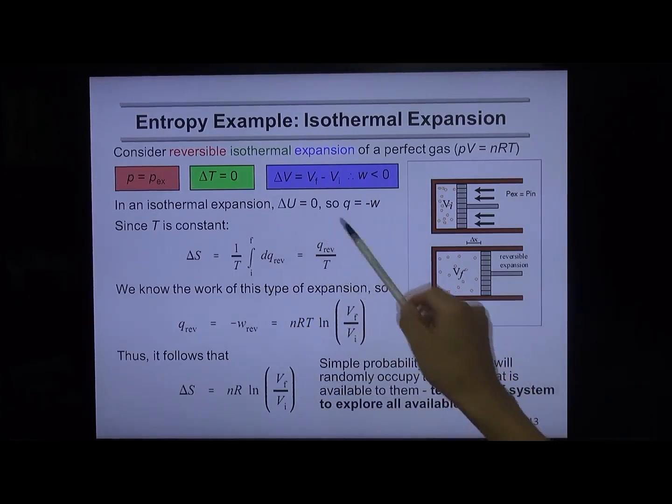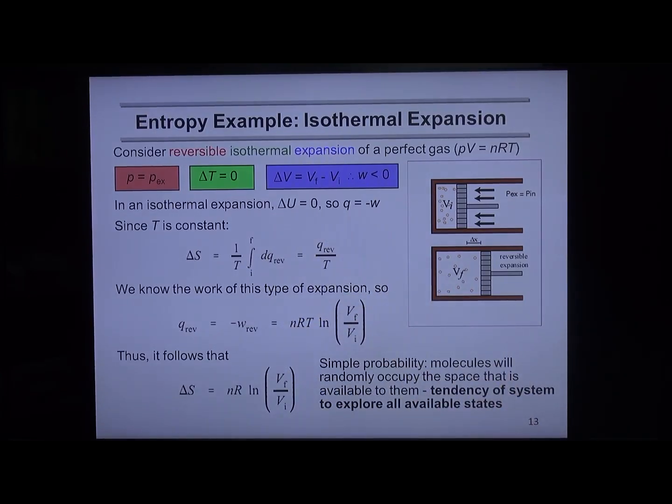For reversible isothermal expansion, Q reversible is nRT log Vf over Vi, remember? So delta S corresponds to nR log Vf over Vi. If Vf is larger than Vi, if the gas does the expansion, then delta S is positive.